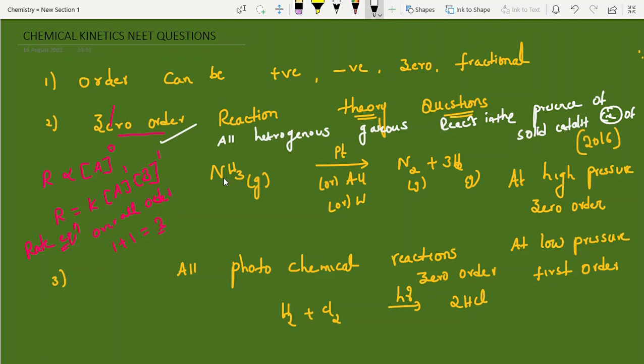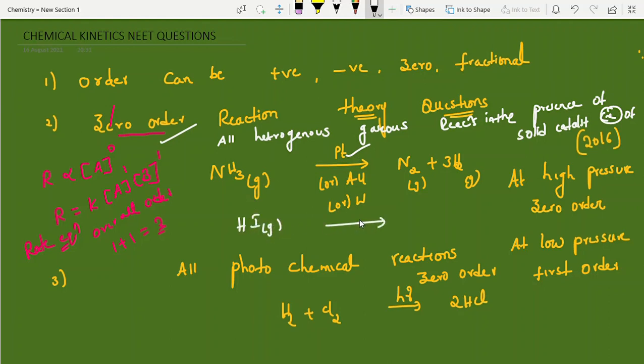See, students, this is heterogeneous gas. This is homogeneous. Homo is nothing but similar, same phase. Hetero is two different phases, that too in gaseous state. All heterogeneous gaseous reactions in the presence of solid catalyst. Not only this one, students, you can take another example like HI.